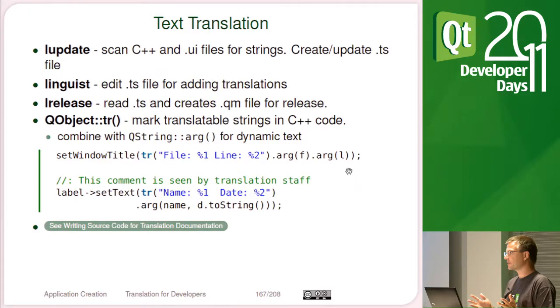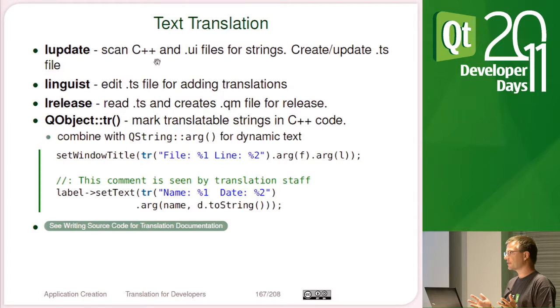So how can we add these text translations? There are different tools available within Qt to do this for us. The first one is lupdate, which scans all the C++ files and UI files for text.